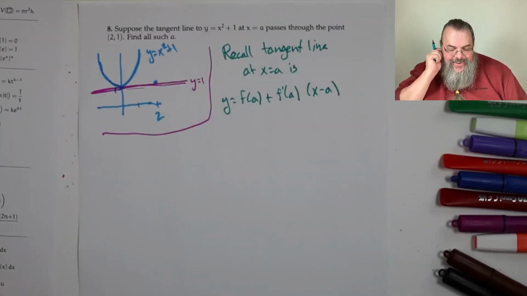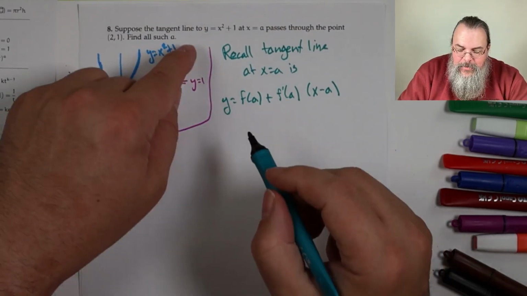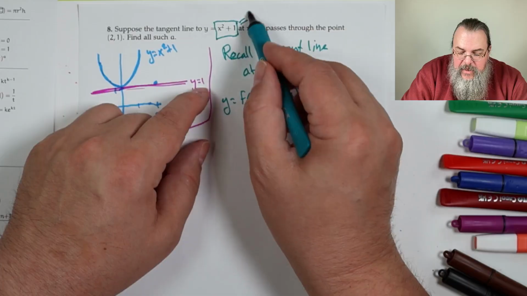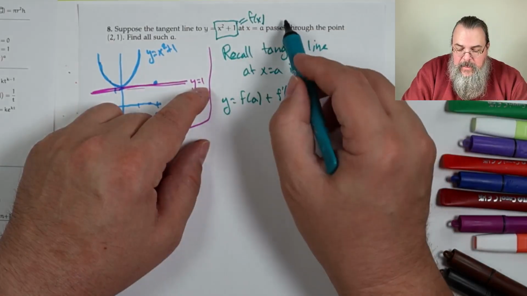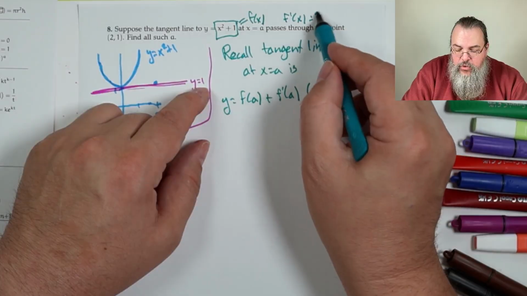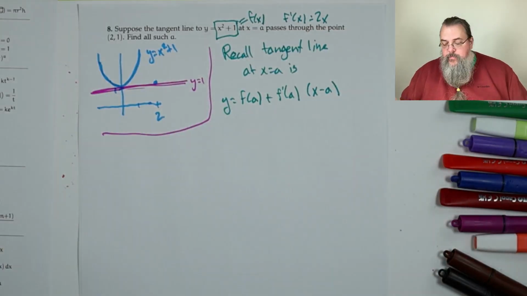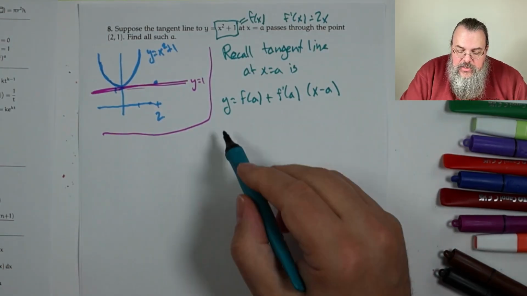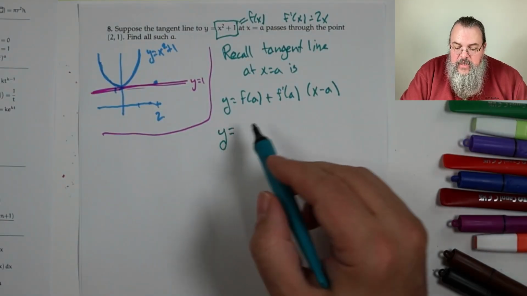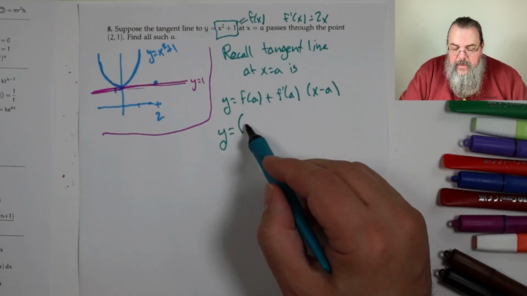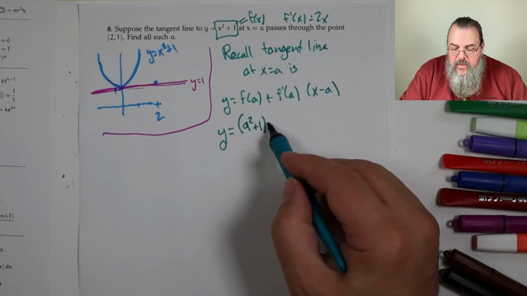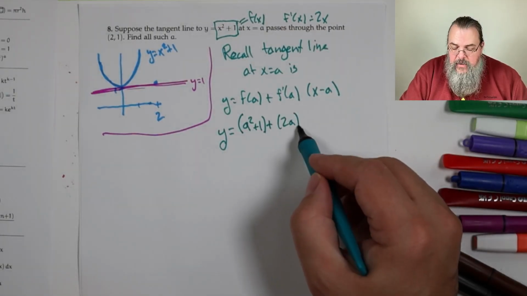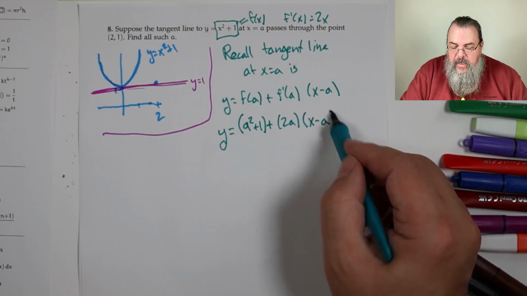Okay, so, all right. So now what we'll do here is this x squared plus 1, this is our f of x. And I'm going to make a note, f prime of x is 2x. All right, now with this, we say, okay, so our tangent line looks like y is equal to f of a, which is a squared plus 1, plus f prime of a, which would be 2a, times x minus a.